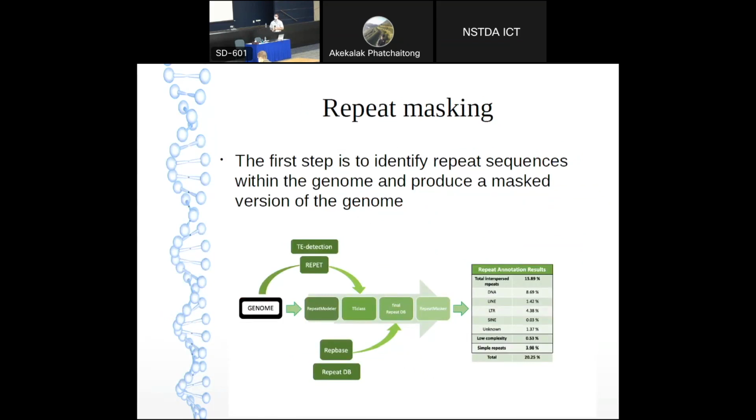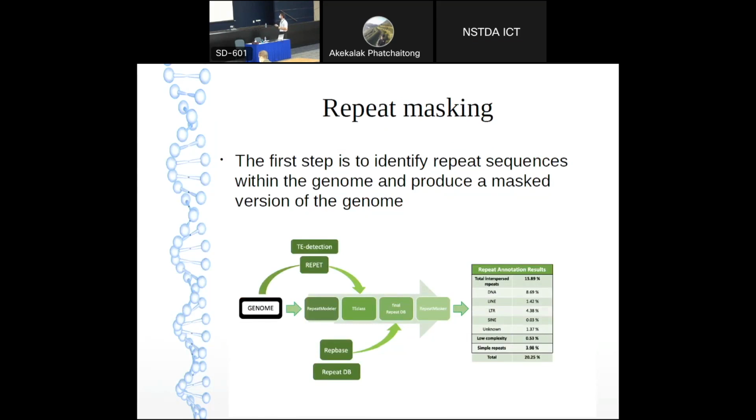Okay, so we do this using a program called RepeatMasker, which basically just scans through the entire genome to identify all of the repeat sequences that I talked about earlier.